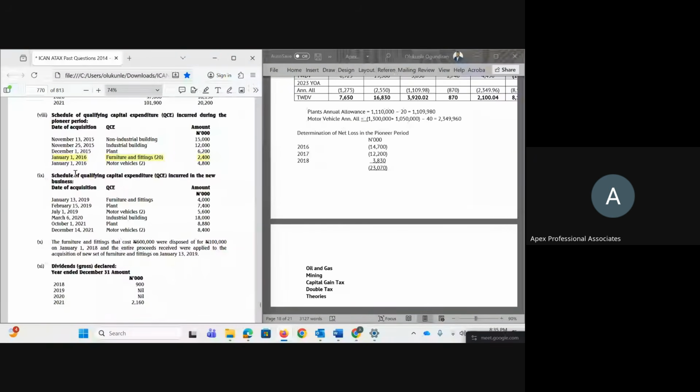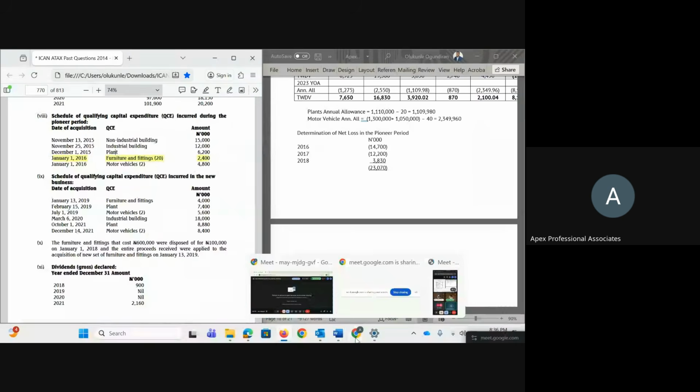You can see plant 1 in December 2015 and plant 2 in February 2019, so that's 20 naira. For motor vehicle, 2 plus 2 is 4 times 10, that's 40 naira. So we just deducted that from the annual allowance. Do you understand?